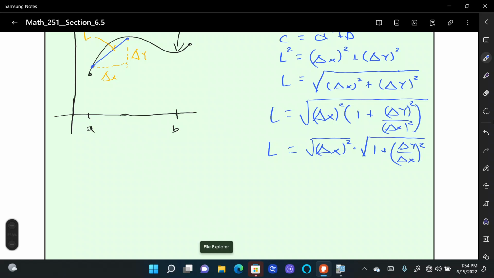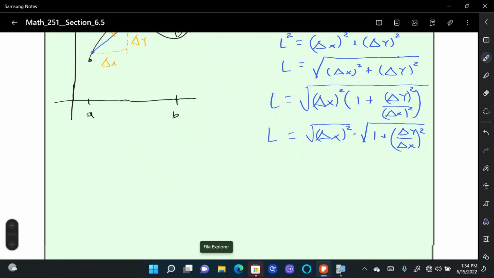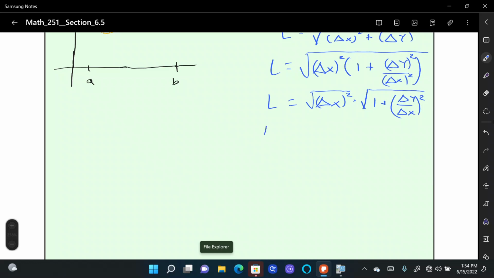And from here we can simplify the delta x squared, canceling that with the radical. So that's going to give us delta x times the square root of 1 plus delta y over delta x quantity squared.